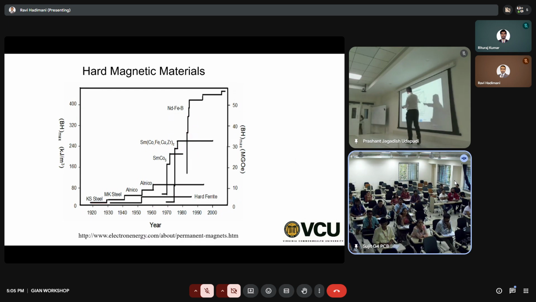So here are different hard magnets. Has anybody bought a permanent magnet? Or has anybody ordered a permanent magnet? So how did you decide the strength of it? Because their strength can vary, right? How did you choose the strength?